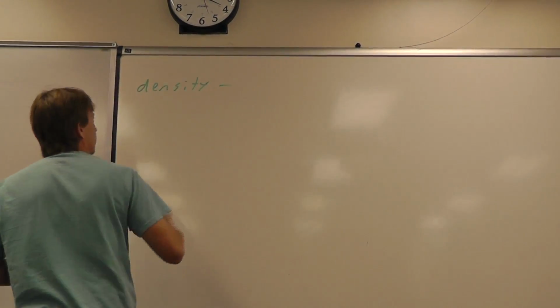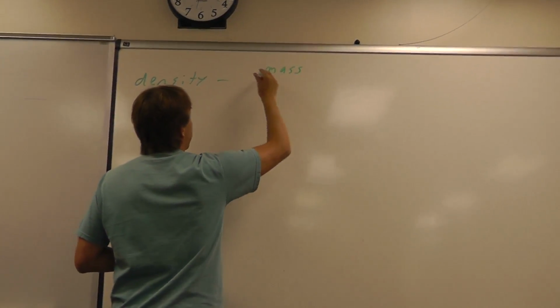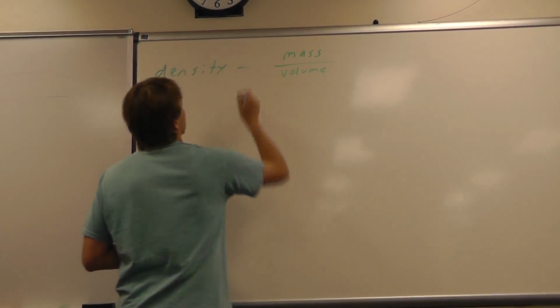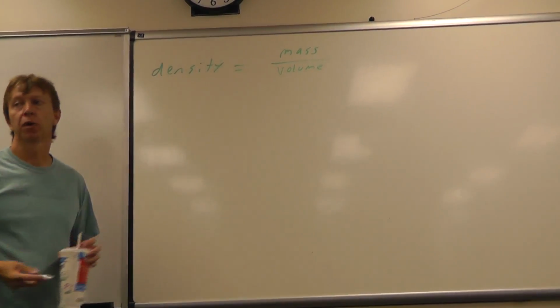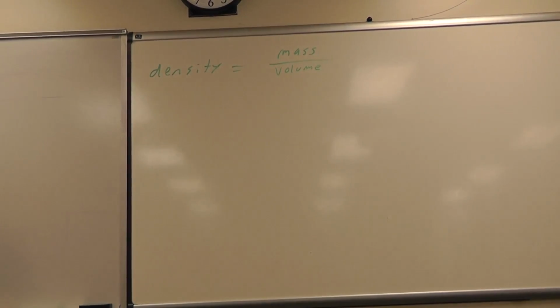Density is just the ratio of how much mass is crammed into how much space. Density is equal to mass over volume. How much material there is per volume.